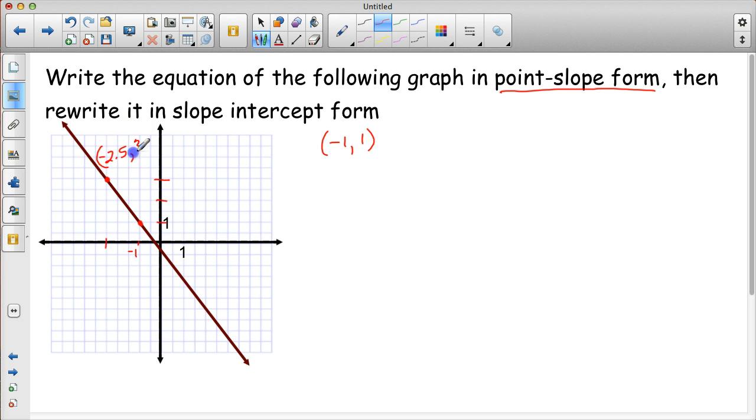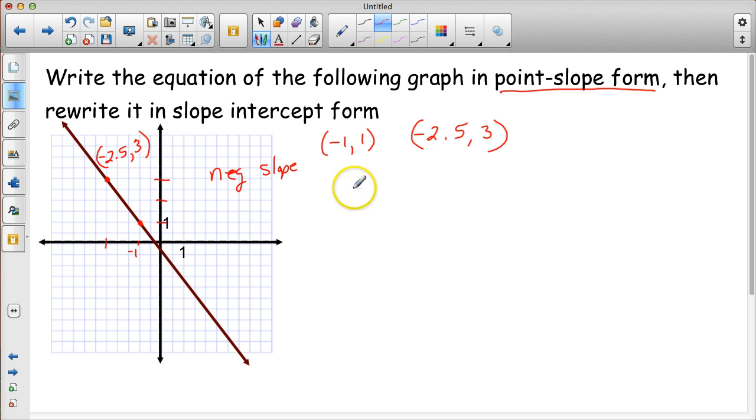So it's -2.5, 3. I'm going to use that point also. Now, I noticed something else. My graph falls as I look at it from left to right. So as I move from -2.5, 3 down to -1, 1, my graph falls. I know then that this graph has to have a negative slope.